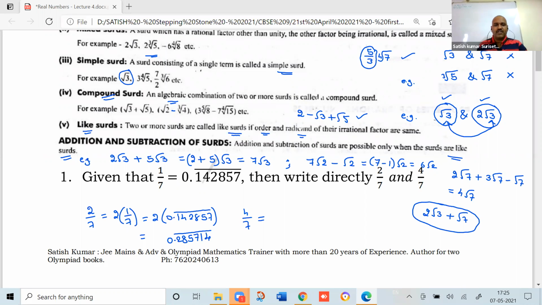So here we are writing 2 by 7 as 2 into 1 by 7, and you replace 1 by 7 with 0.142857 bar and multiply with 2. And again keep the bar notation. Now in the same manner, calculate 4 by 7 and then tell me.